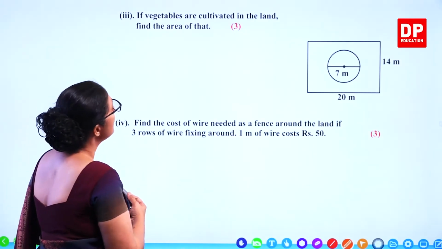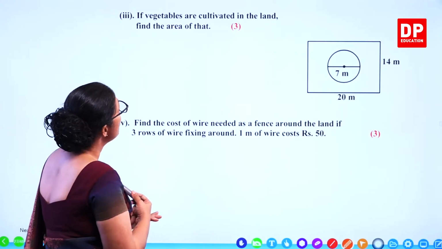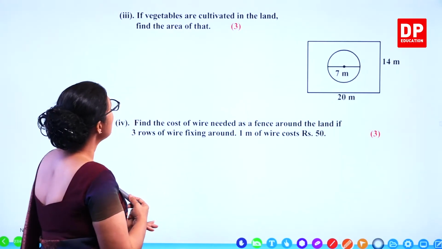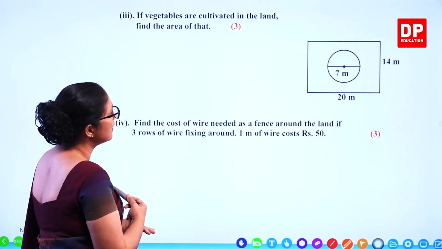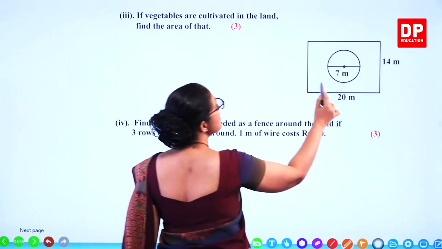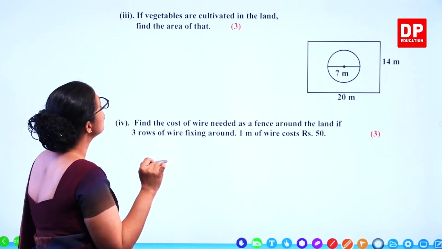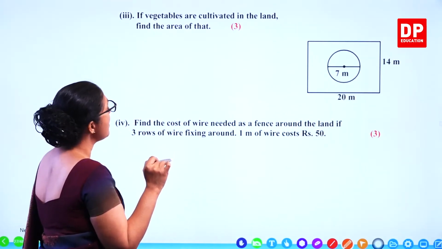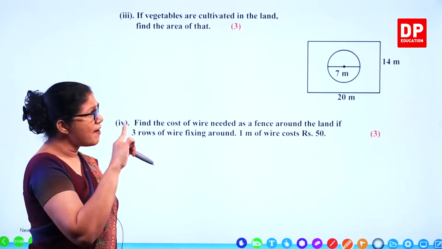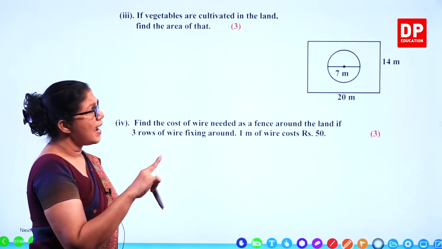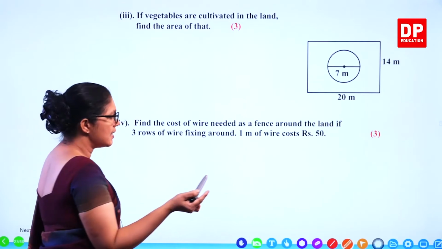Question number 2, part 3. If vegetables are cultivated in the land, find the area of that. So the outside is the vegetable area. So what's the area? We can find the area of the rectangular land minus the area of the circle.